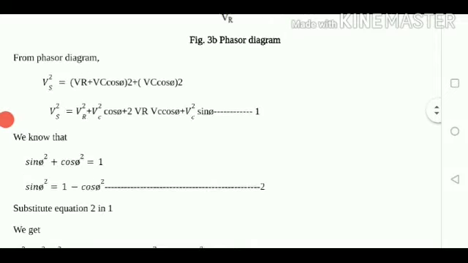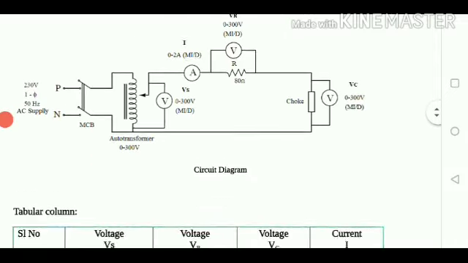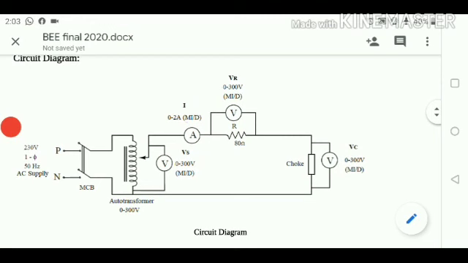Let us move on to the circuit diagram. This is the circuit diagram of this experiment. Here we start with the P and N, the positive and negative terminals of the line, and then go to the variac, which is directly plugged into the positive and negative terminals of the main supply. The variac has two terminals.